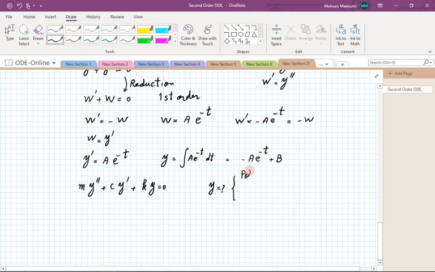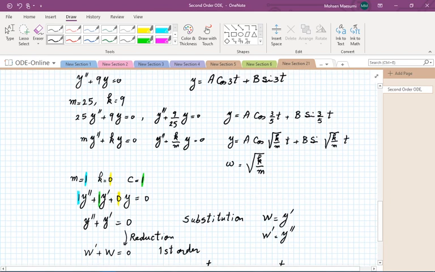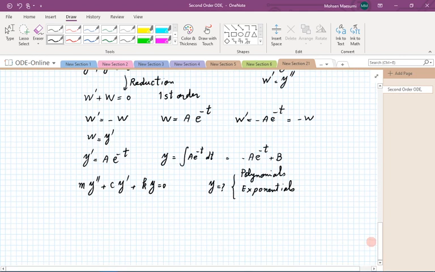One is polynomials. Polynomials are like t squared, and so on. This is what you started with back in Algebra 1. And then we have these exponentials. These kinds of functions are going to be in our mix. And then, of course, trigonometric, by which we mean just sine and cosine. The other trig functions are not as nice.